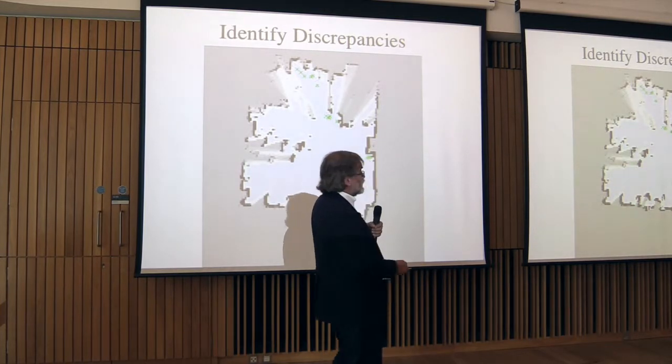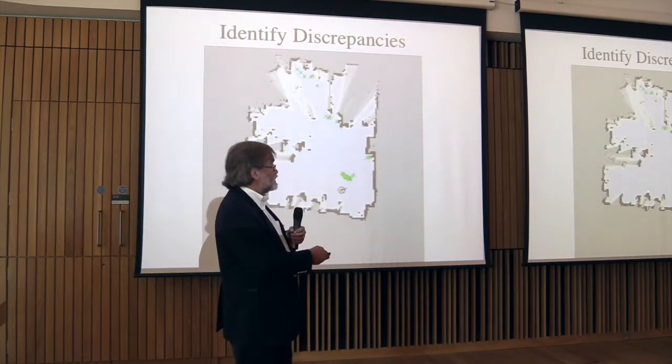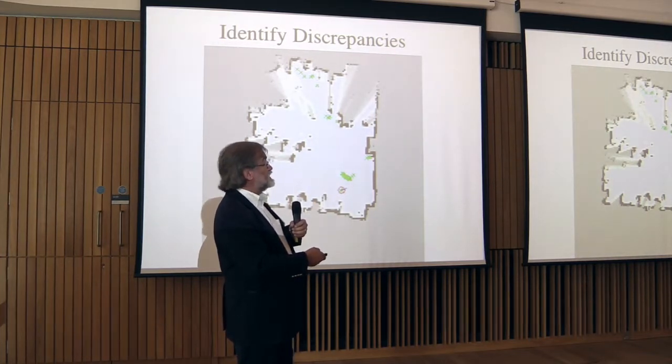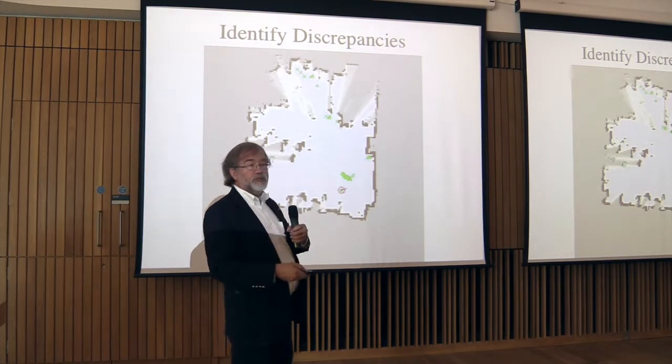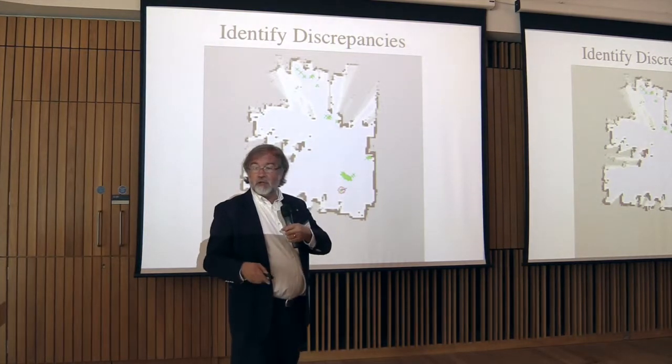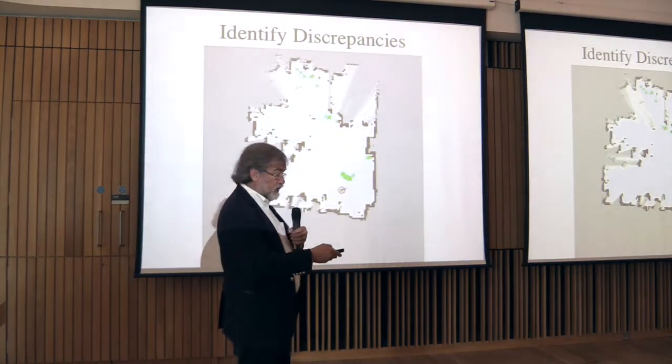So we can extract out these noise pixels. Now, as you can see, some of them are probably associated with some object. Others have to do with just noise or errors in the localization.